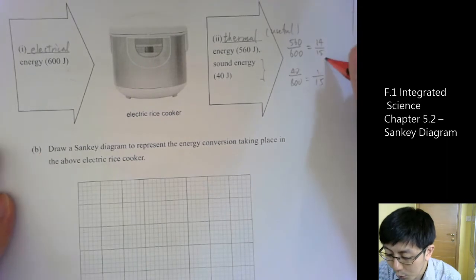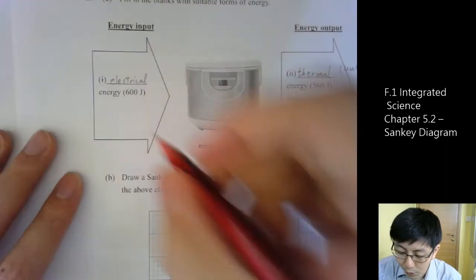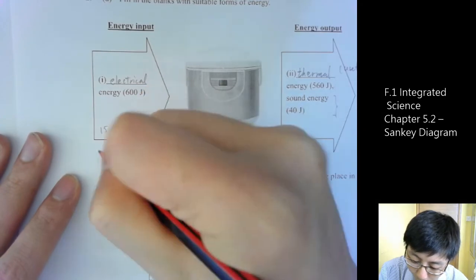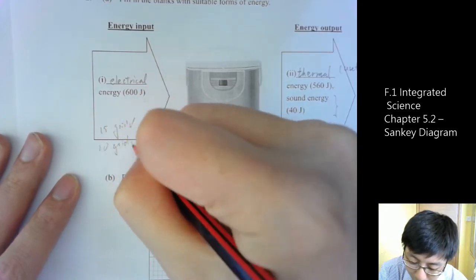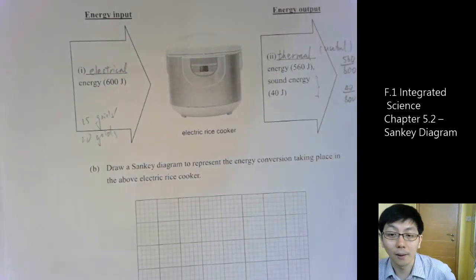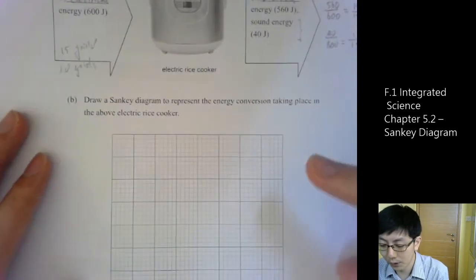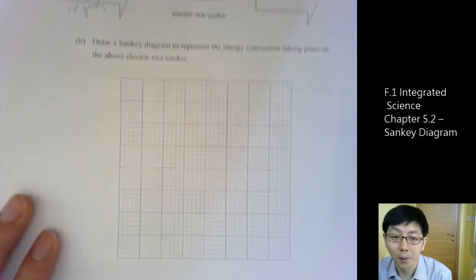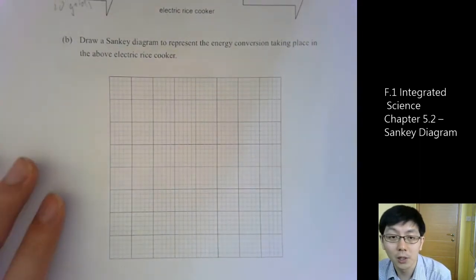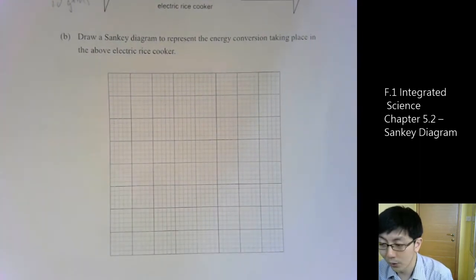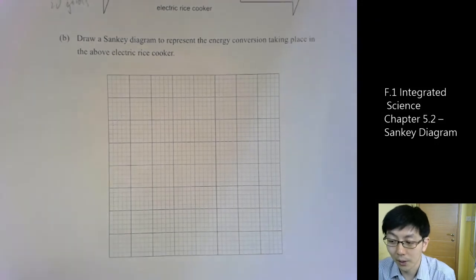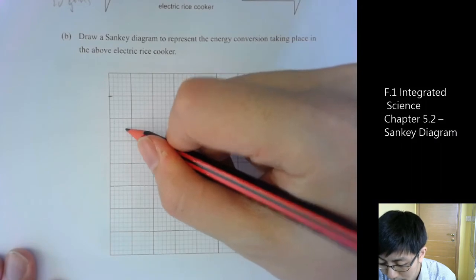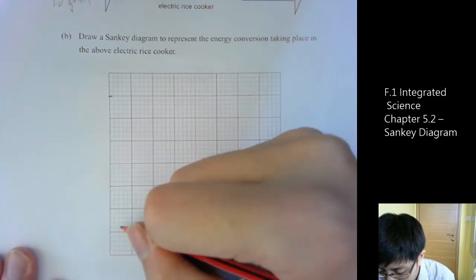So a good choice will be the input occupying 15 grids or 20 grids. You have to calculate what the ratio of the energy output in this diagram will be. Okay, so we continue. This time I'll use 20 grids. Sorry, 30. So here 10, 20, 30.